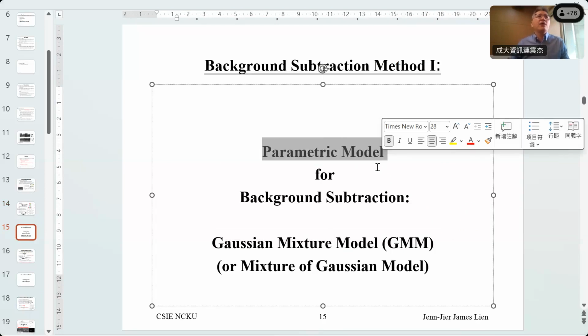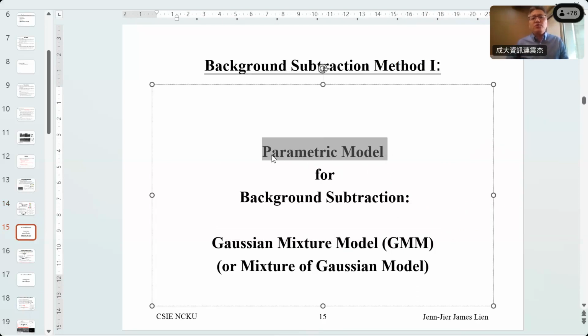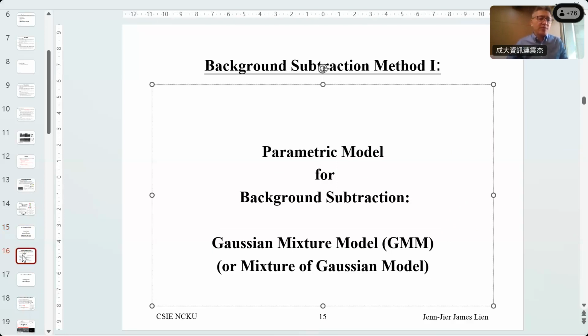For any model there are 2 kinds of modeling, one we call parametric, the other we call non-parametric. 就参数型跟非参数型。So the Gaussian model is easy because the parameters are only mean and standard deviation. So that's parametric.